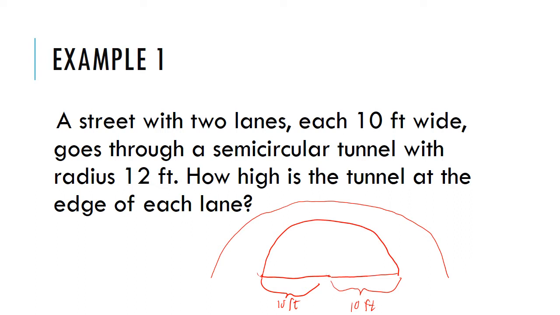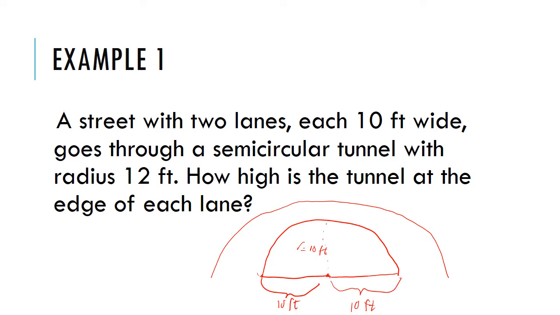Then the radius of the semicircular tunnel would not be 12 feet, because the lanes are only 10 feet wide. Thus, the radius, if it passes through the edges of the street, would only be 10 feet. However, the problem states that the radius of the semicircular tunnel is 12 feet.